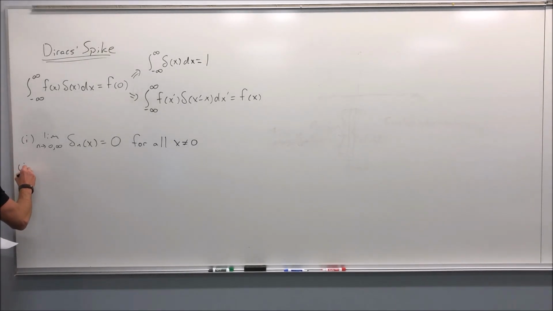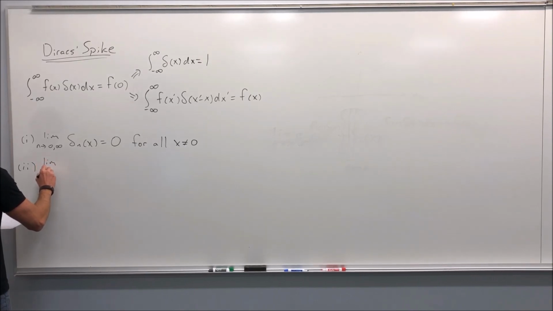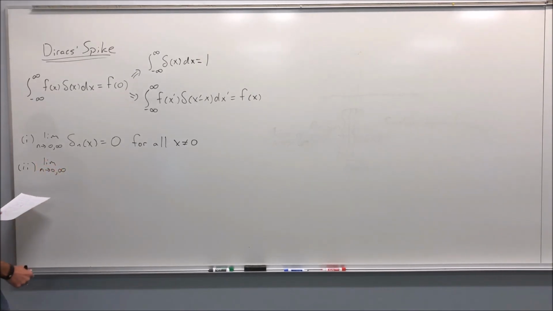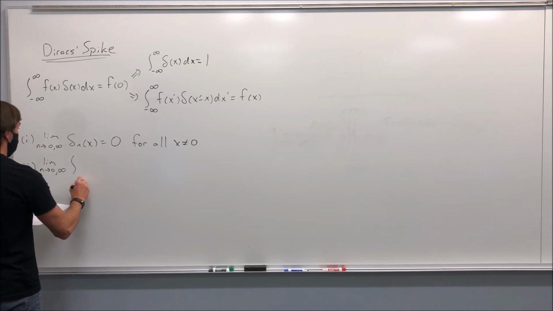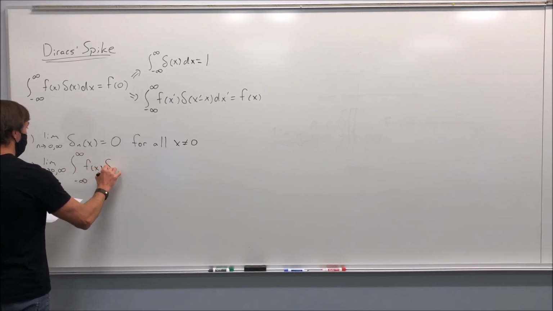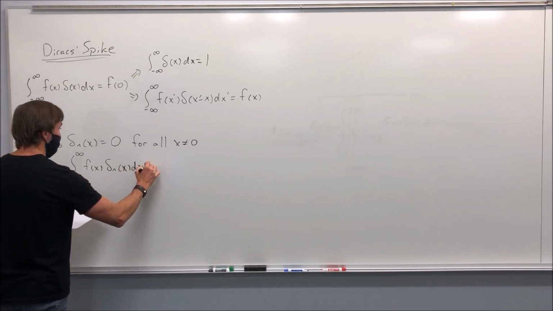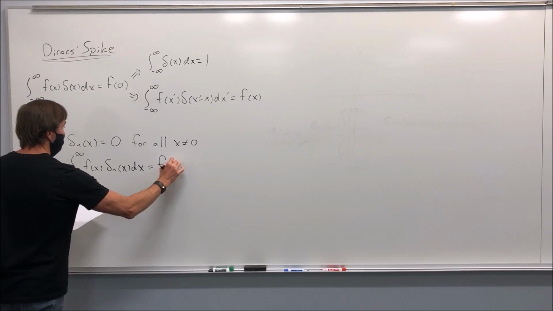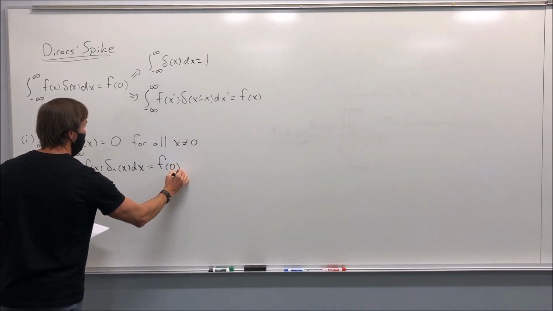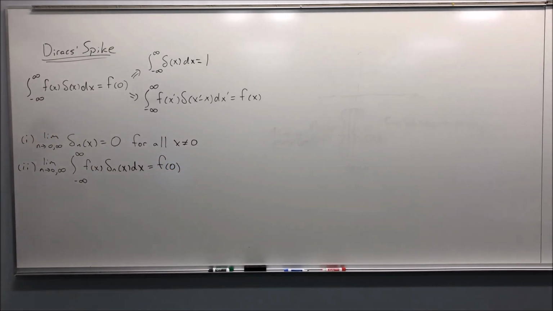And two, the limit as n goes to 0 or infinity, depending, of the integral from minus infinity to infinity of f of x, delta_n of x, dx, will hopefully just give us back f of 0.